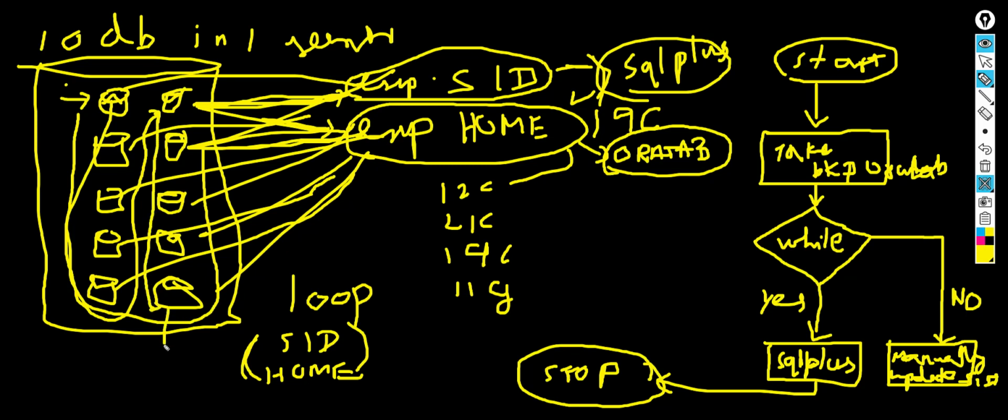Once it ends here, the loop also ends. Okay, so this is a high level view of scanning the ORATab entries and setting the environment variables for multiple databases for executing any script.